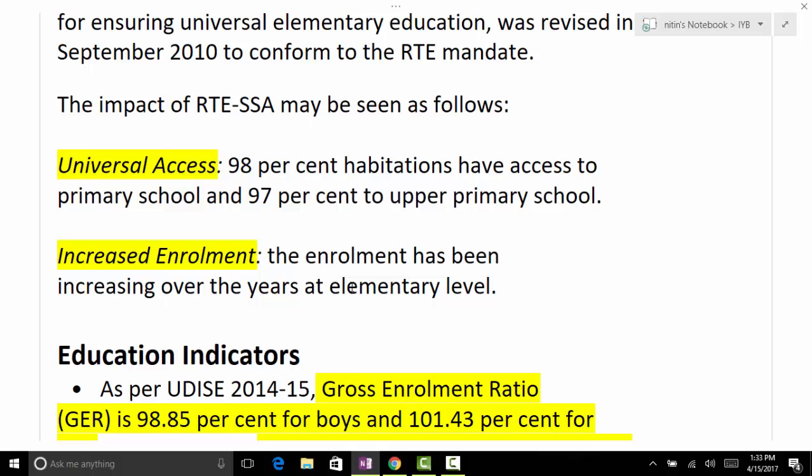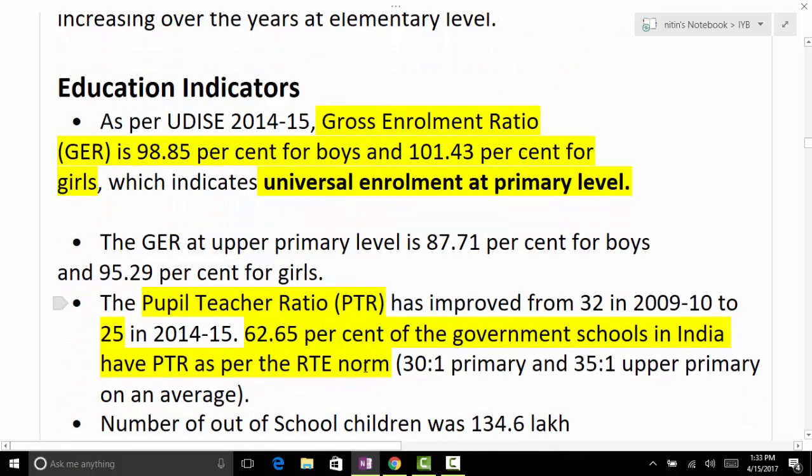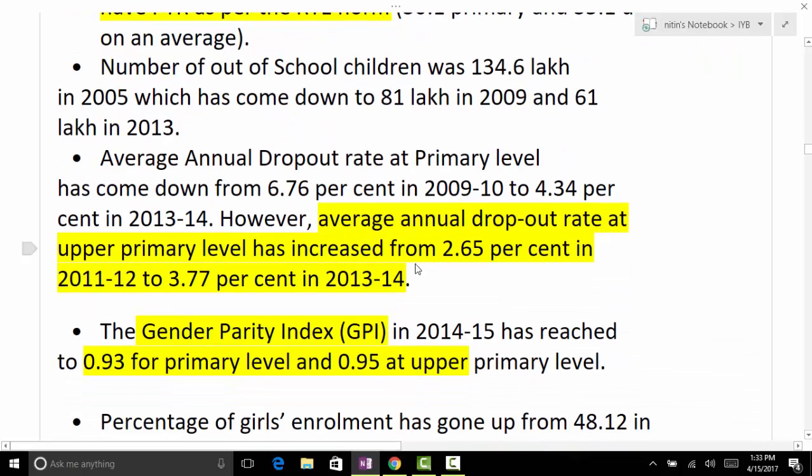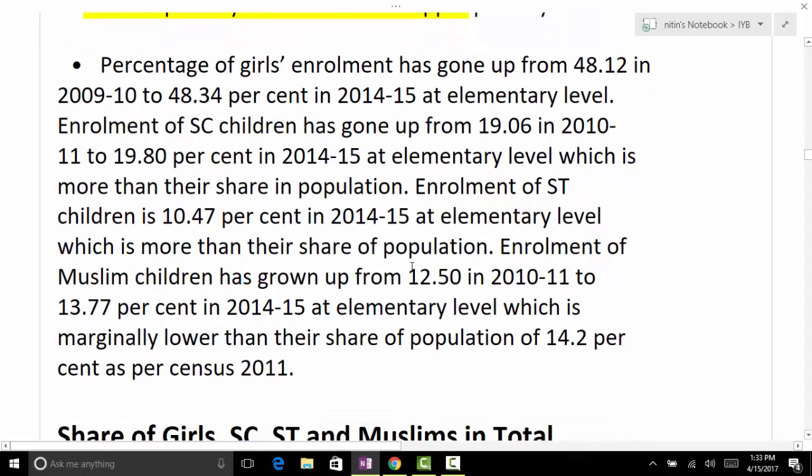Class 5th, the two criteria that ASER takes: a class 5th student is not able to read the text of class 2nd, and a rising number of that. Same way, they're not able to do basic numeracy, basic arithmetic like multiplication, addition. And here we have certain positive outcomes: universal enrollment at primary level, and more than 60% of schools with PTR as per RTE norms. That's all.